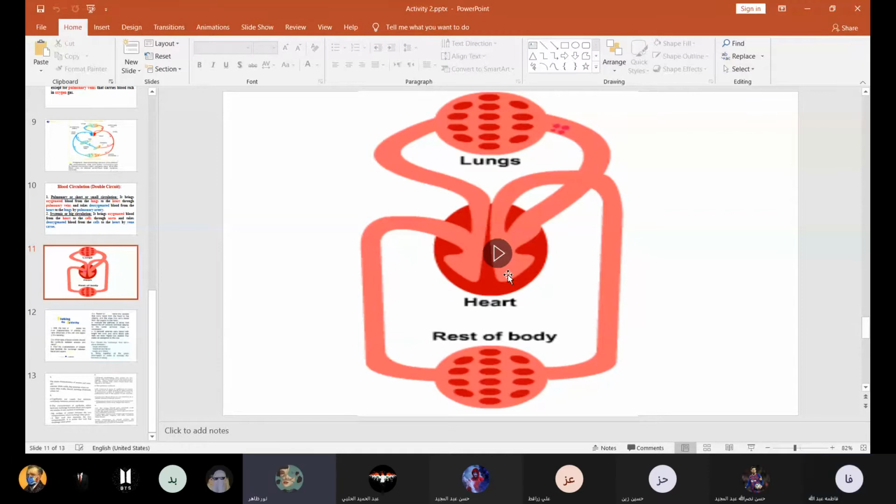First, left ventricle, then the aorta to the cells, then the right auricle, then the ventricle to the pulmonary artery, then to the lungs and the pulmonary vein to the left auricle. Very good. Very good, Noor.